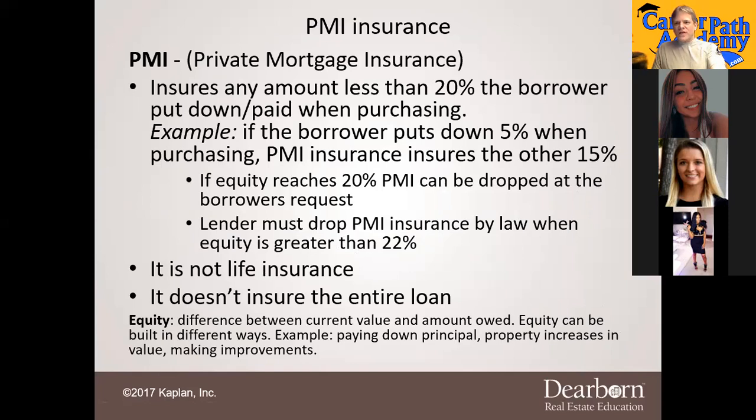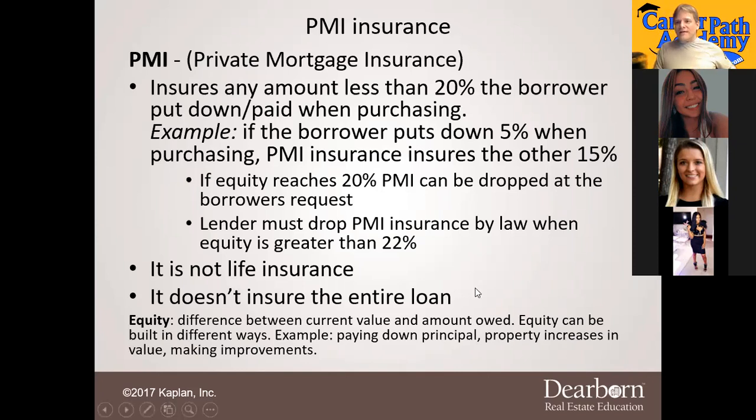Well, when you get an FHA loan, you have to have something called MIP, a mortgage insurance premium that you have to pay up front that insures the entire loan amount, not just the amount less than 20% that you put down.